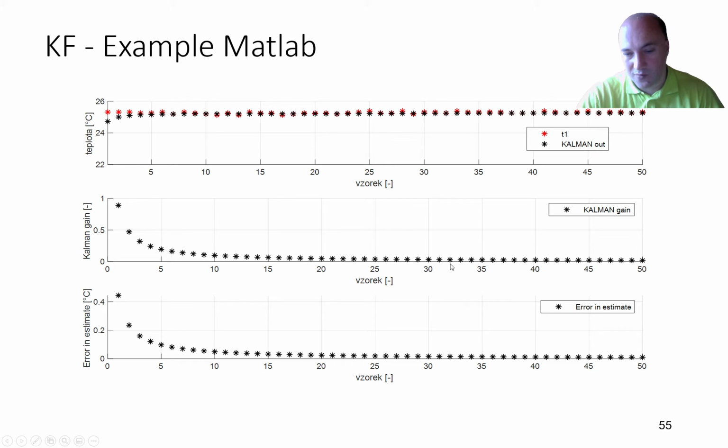So here I have more and more confidence in the model, and less confidence in the measured data. And here is also the error of my estimation, so it goes along with the Kalman gain. As the Kalman gain is decreasing, we have a smaller error in our estimation, and since it has a smaller error, I will place more confidence in the model and not in the measurement.